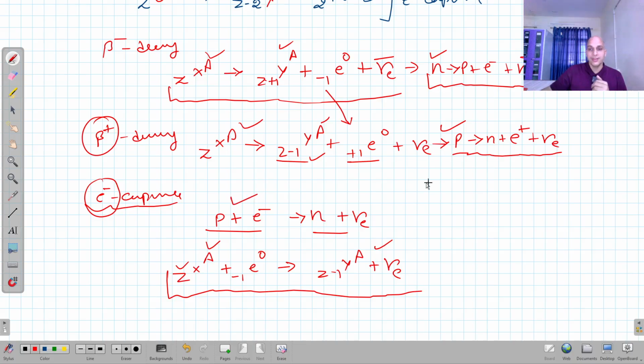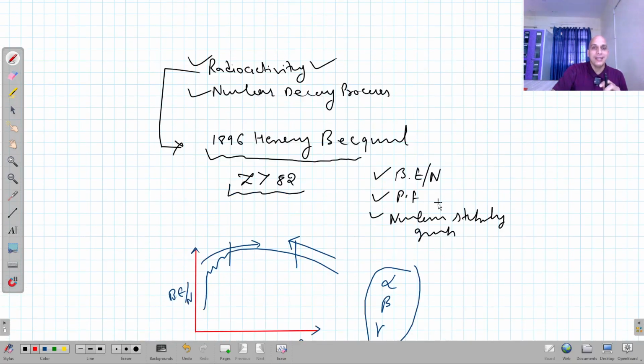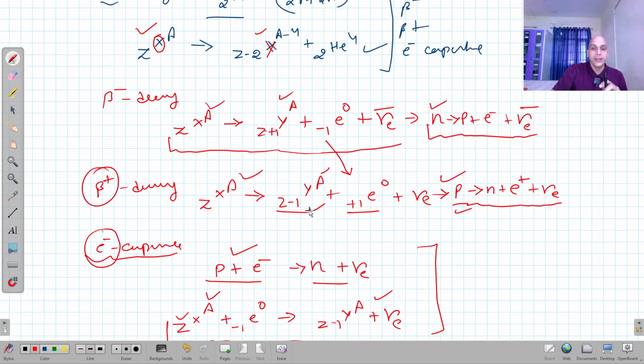The same process that happened here, right? So these are the three processes by which a nucleus can decay and convert itself into another nucleus, right? And it can move toward stability, right?